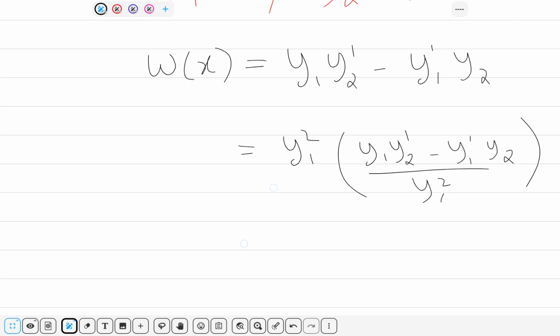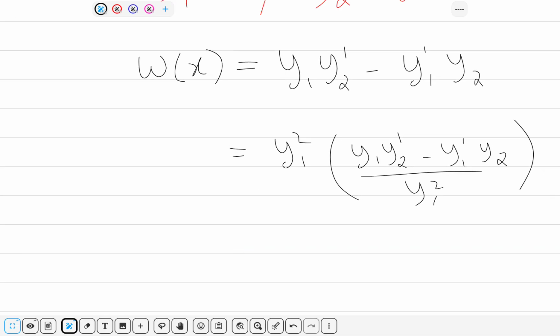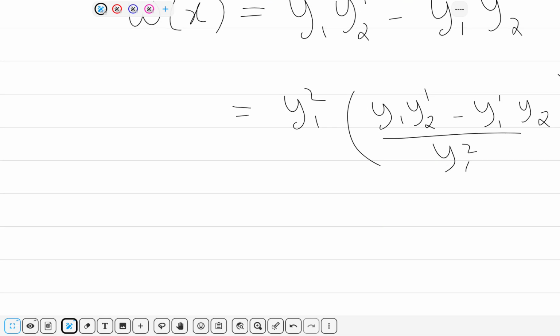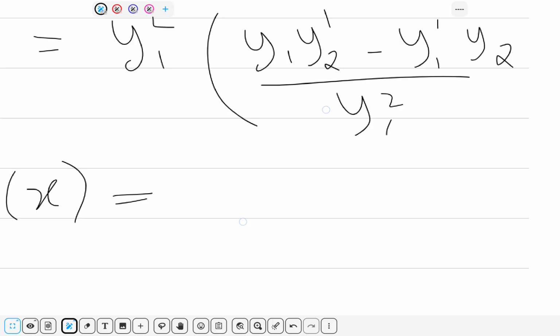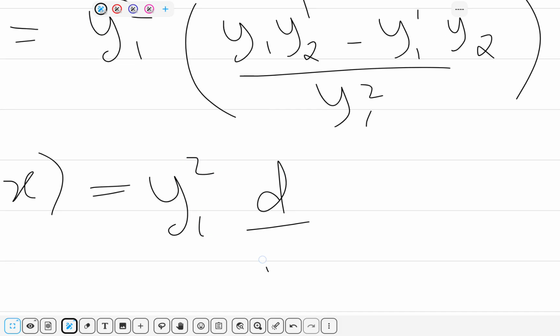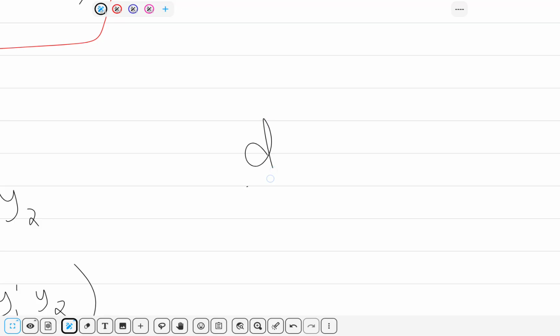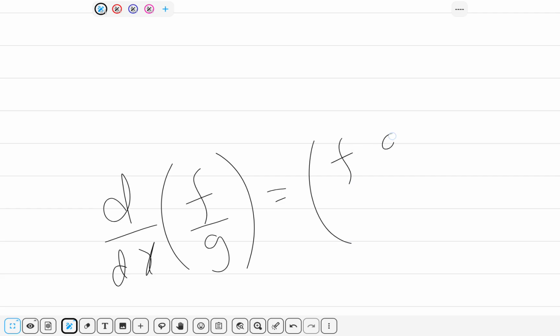So this means that W of x can be written as y1 squared times the derivative of y2 by y1. What is the derivative of f by g? That's (g f prime minus f g prime) by g squared, right?